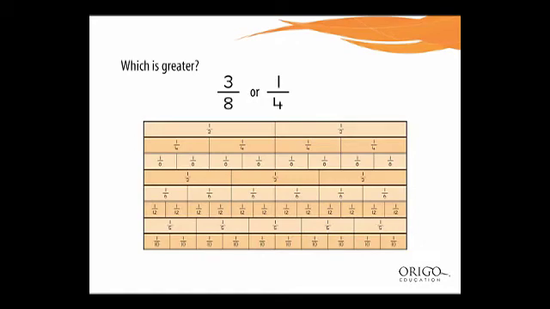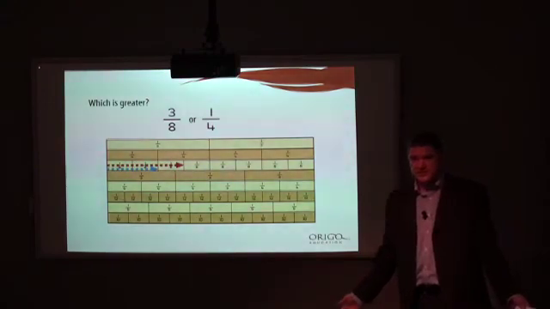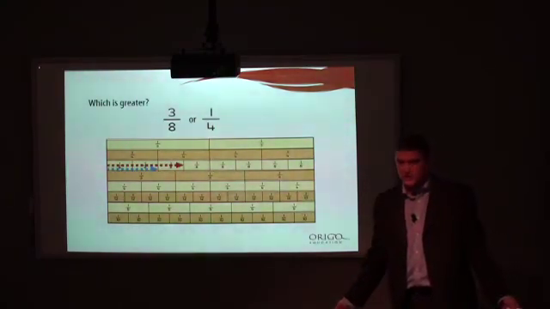So just be prepared, you're going to see a lot more of these sorts of things. Right, so where's 3/8? 3/8 is here. Where's 1/4? Luckily they are related denominators. One denominator is a multiple of the other, or factor of the other, you might say. So I can utilise one of those to say, oh well, 1/4 is the same as 2/8, so 3/8 is larger. These are sorts of activities you'll be doing in year 5.